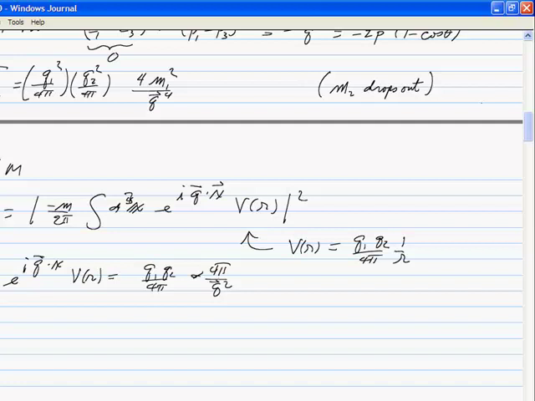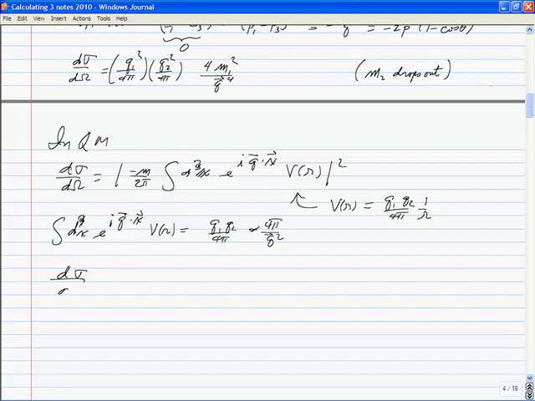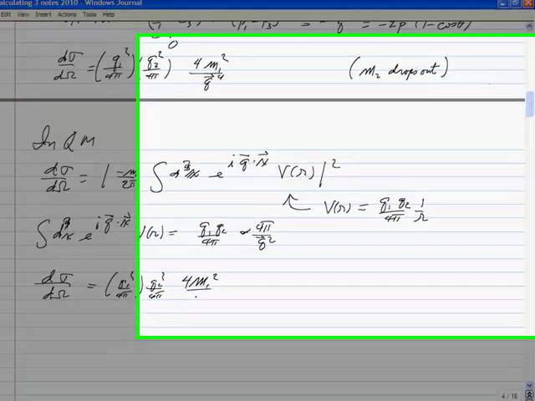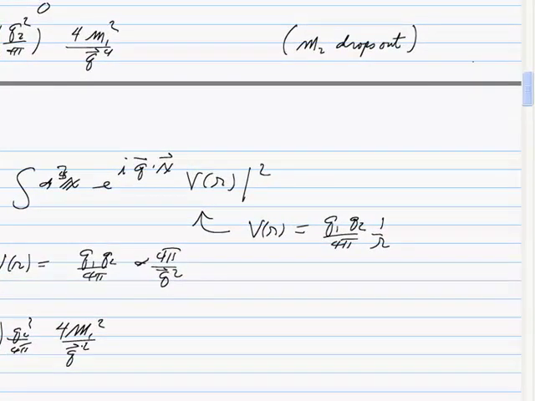So I can work that out if we need it, but let's not, unless you want to ask. And so then the answer comes out, d sigma d omega is q1 squared over 4 pi, q2 squared over 4 pi, 4 m1 squared over q to the fourth. Okay, so you get exactly the same result.